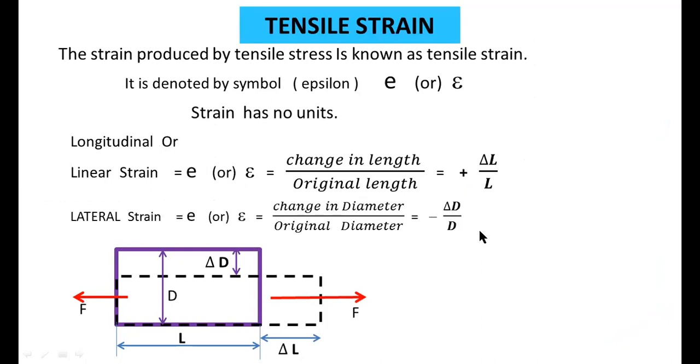This is the lateral strain, with a negative sign here. When you are applying two equal and opposite pull loads, there is an increase in length, so you have to consider positive sign for linear strain, and a decrease in diameter, so you have to consider negative sign for change in diameter by original diameter.